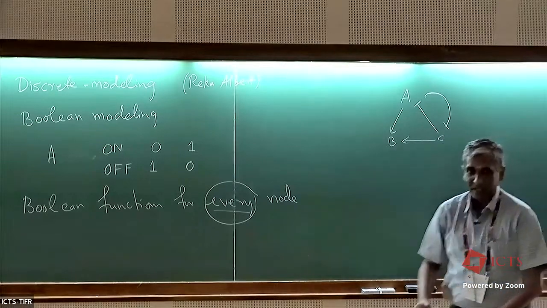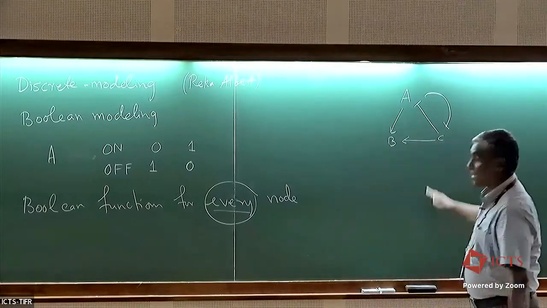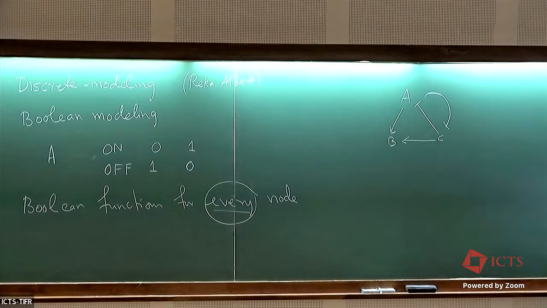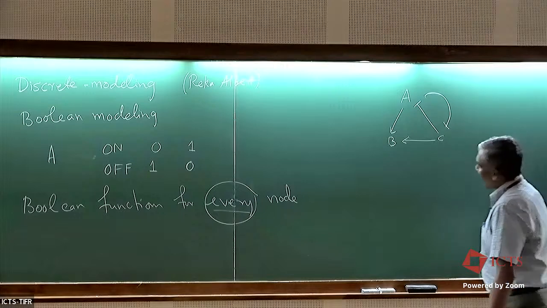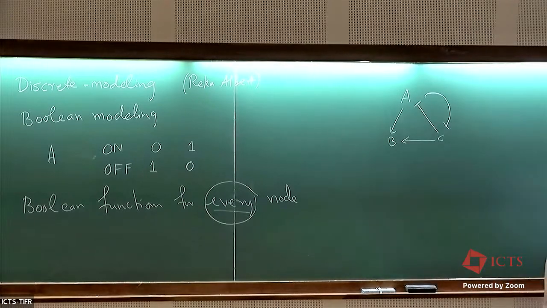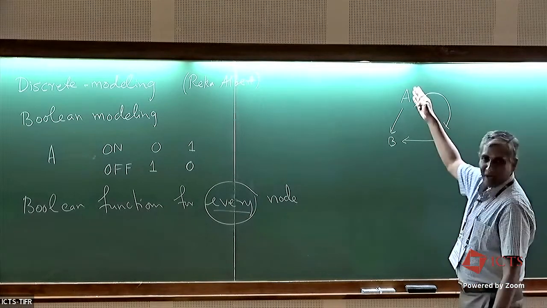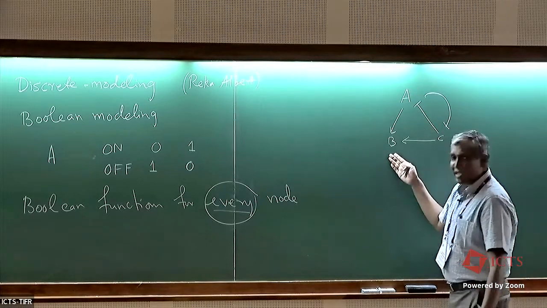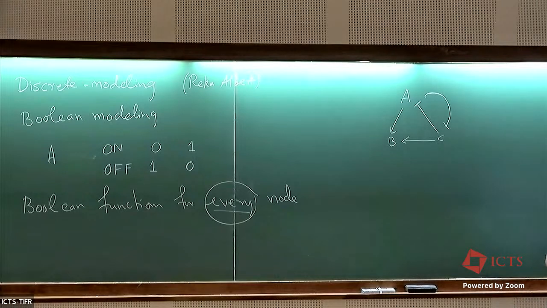And of course, these interactions have been taken for a specific purpose, to demonstrate a specific thing about this modeling approach. Now, A is activating B, which means that if A is present, then in the immediate time step, note that a time notion is going to come in here.